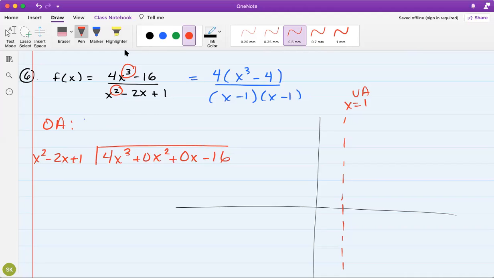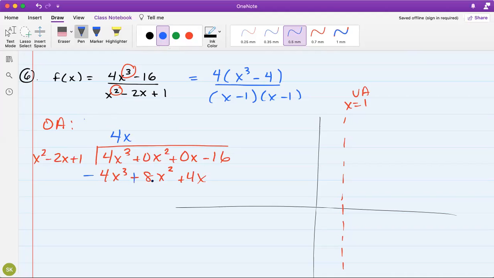We ask what we need to multiply this by to get 4x cubed. It's going to be 4x. So that's 4x cubed minus 8x squared plus 4x.